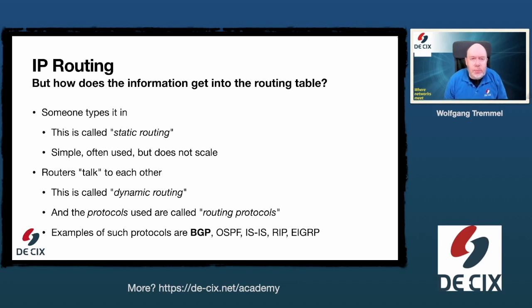OSPF, that's Open Shortest Path First, that's for local networks. IS-IS stands for Intermediate System to Intermediate System, also used for inner provider routing. RIP and EIGRP are also protocols no longer that often used.